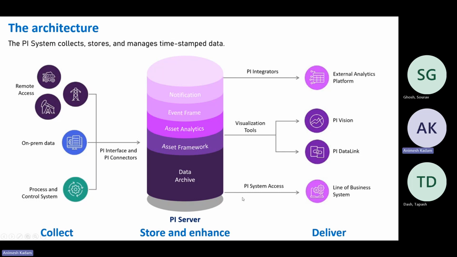And then we have some system access tools. In this case, we have APIs, we have OLEDB or JDBC connectivities, using SQL queries and all. Or you can use SDKs like the Pi SDK or Pi AF SDK to pull data from the Pi system.